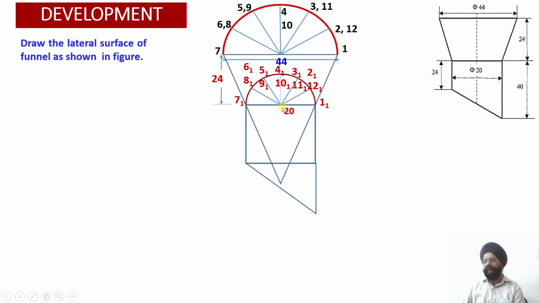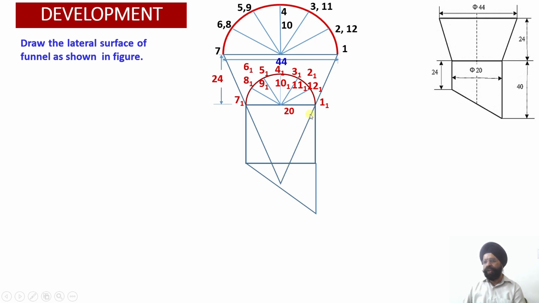And similarly over here, please check, since O1 1 and O7 1 are parallel to XY, O dash 1 1 dash and O dash 7 1 dash are again true lengths. So for the smaller cone, the slant length should be this much.